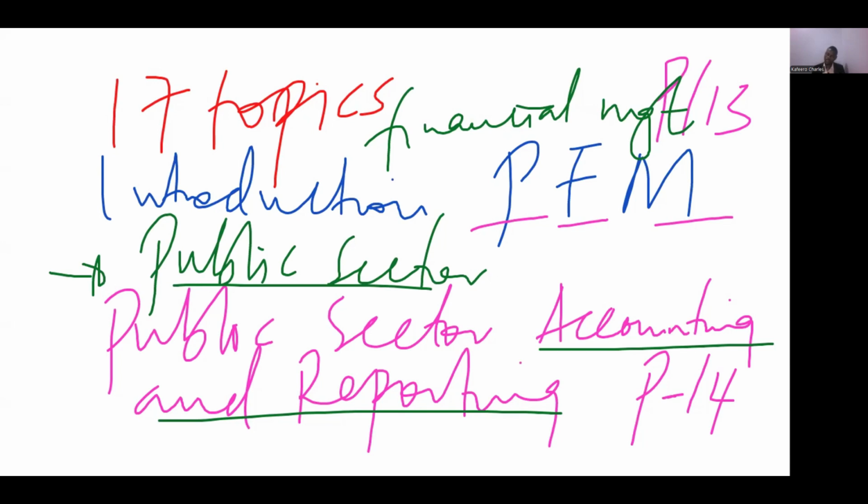But also, as I said, we will be looking at the changes that were made in the old syllabus of paper 14 vis-a-vis the things that we need to look at as far as paper 13 is concerned. We are trying to get to what has been changed from the usual things that we knew to the new syllabus because we have those who maybe did some papers but didn't pass.